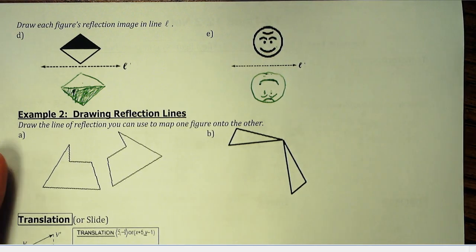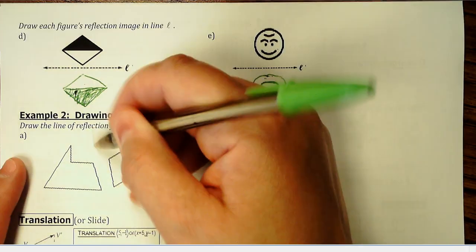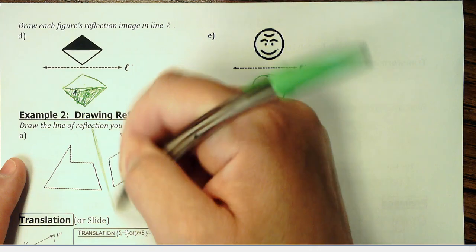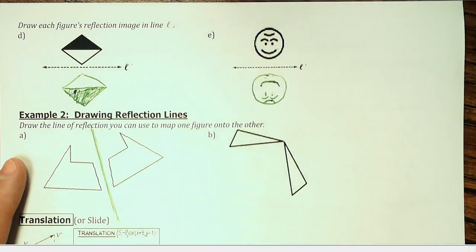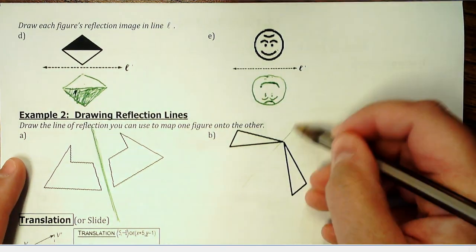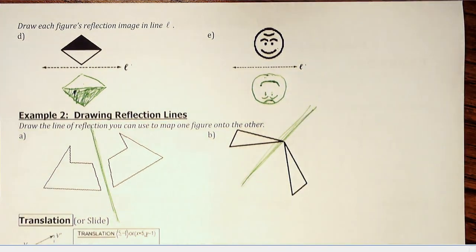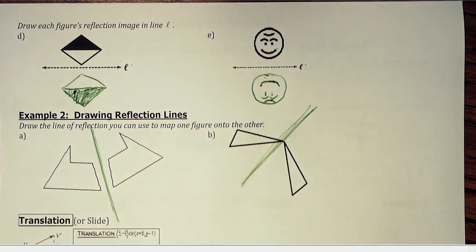Draw the reflection line. Try your best to just kind of sketch it in. If I were to fold the paper in half on this line, the pre-image and the image would line up. So something like that there. If we folded the paper in half on that line, the two triangles would match up. That's what you're looking for in a reflection line.